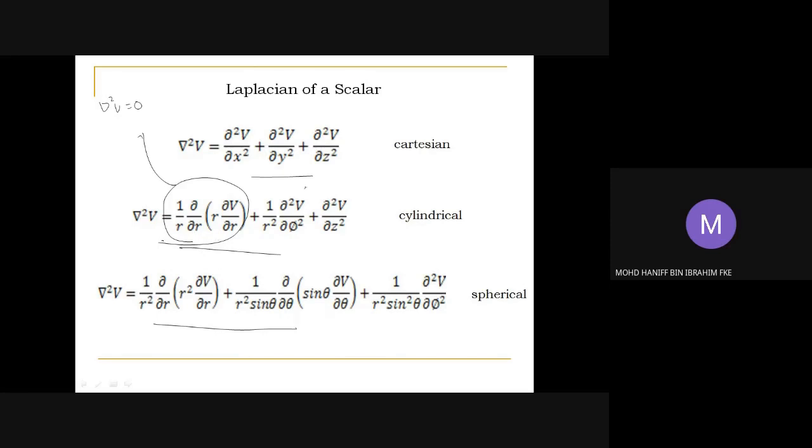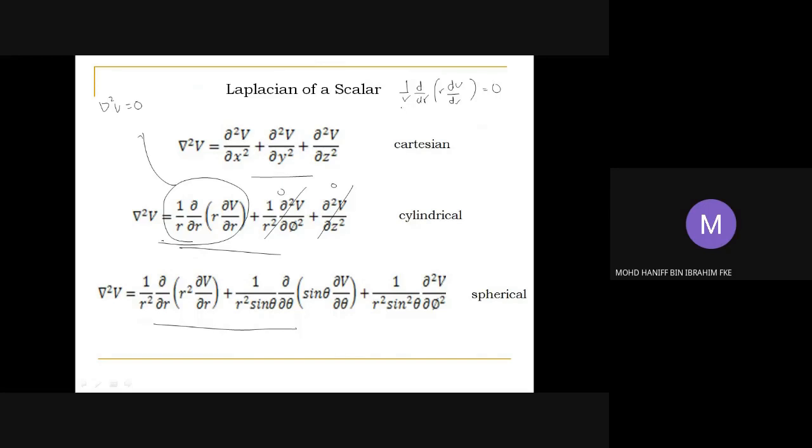There is no variation of V with regard to phi and no variation of V with regard to z, so we can cancel out the second and the third terms. If we concentrate only on the first term, 1 over r, d over dr, r dV over dr equals 0.